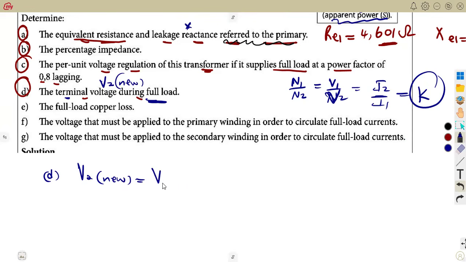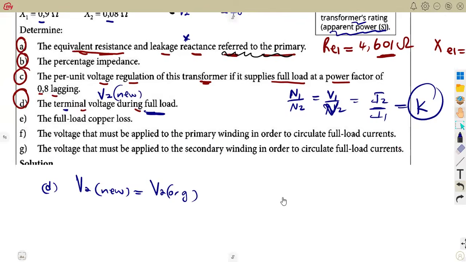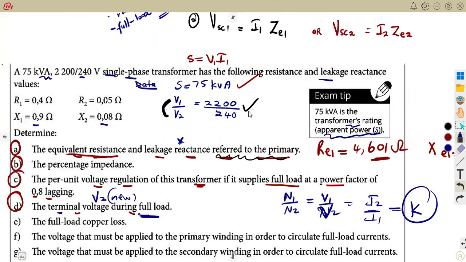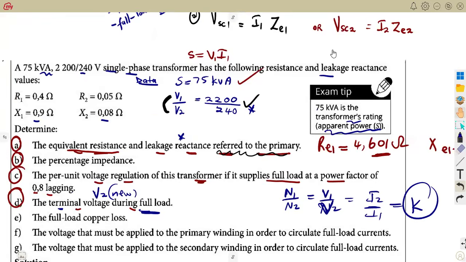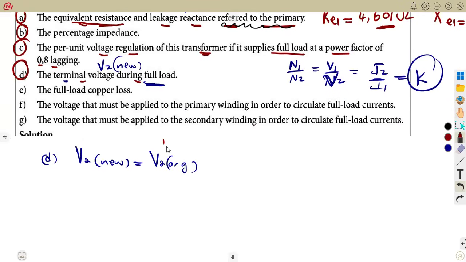Our formula is V2 original, the initial value that you're given, into 1 minus the per unit voltage regulation. Per unit, the decimal, not percent, the one that you calculated.